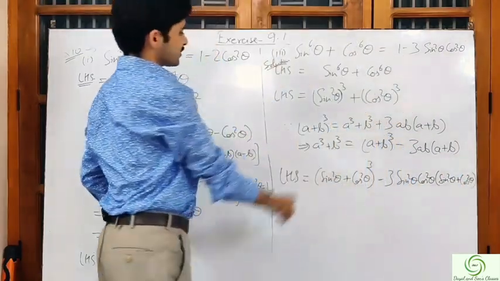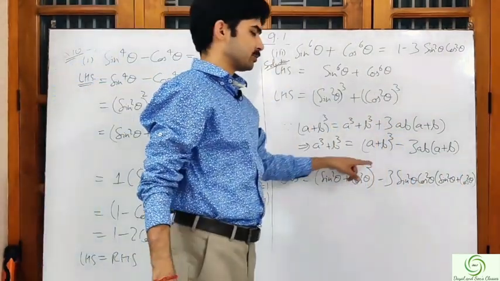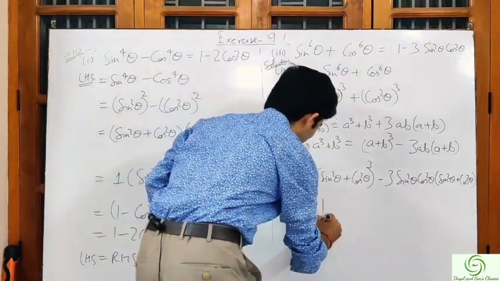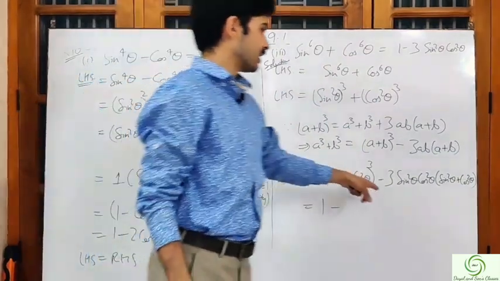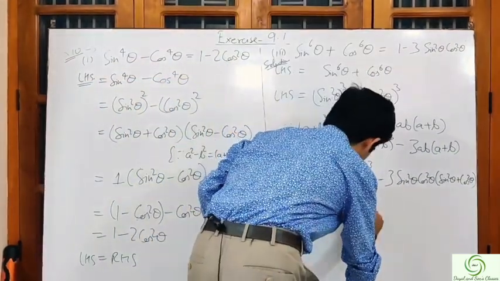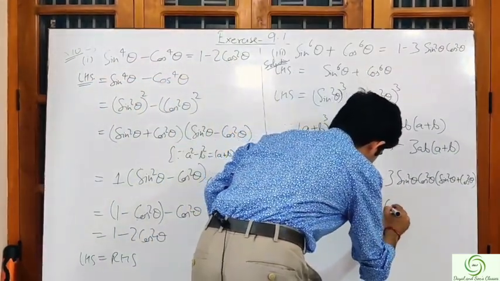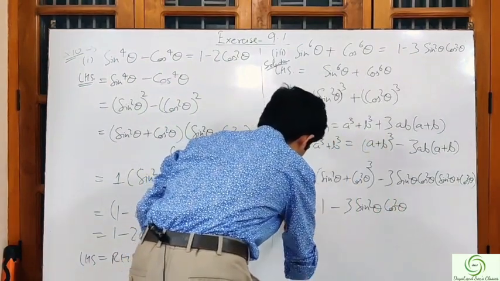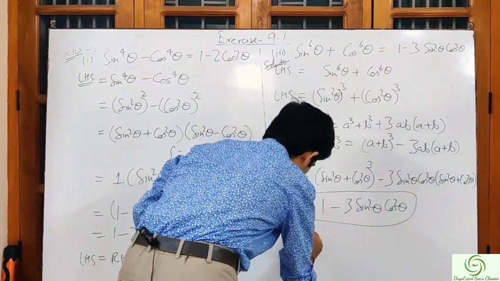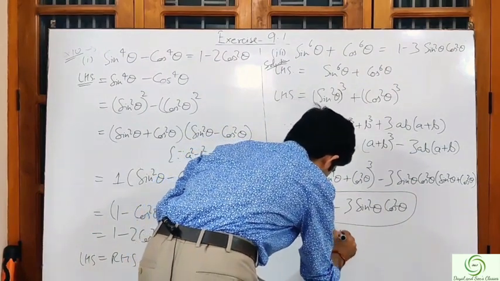Now sin square theta plus cos square theta is 1 and cube of 1 will give me 1. So I will get here 1 minus, again here sin square theta plus cos square theta is 1. So what I will be left with? Minus 3 sin square theta cos square theta. LHS is equal to RHS.